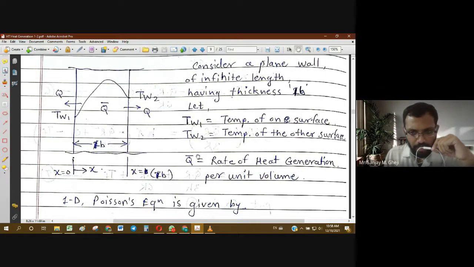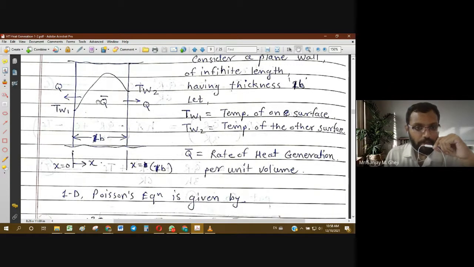Then let us assume Q bar is the rate of internal heat generation per unit volume. This Q bar is being generated inside this plane wall at a uniform rate, and it is a volumetric rate, so it is per unit volume.